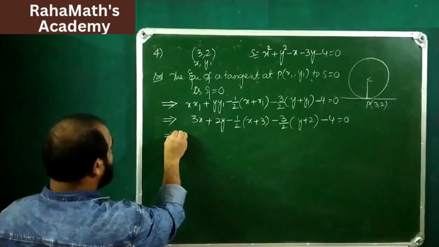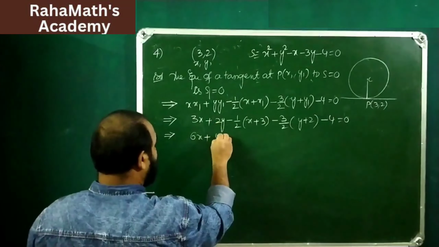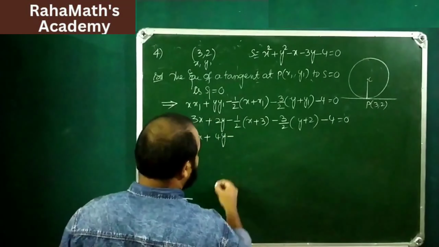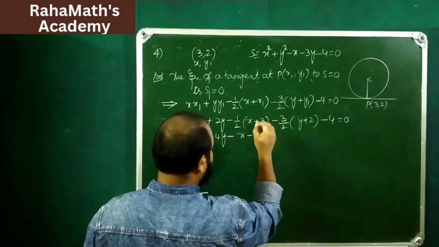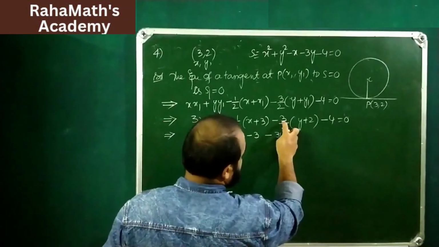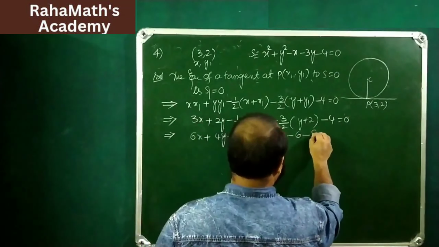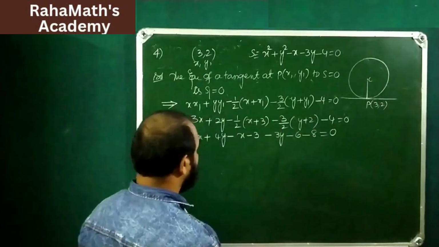So here the LCM is 2. So 2 3s are 6x, 2 2s are 4y, minus of x plus 3, minus 3y plus 6... so 3 2s are 6, and 2 4s are 8, equals 0.